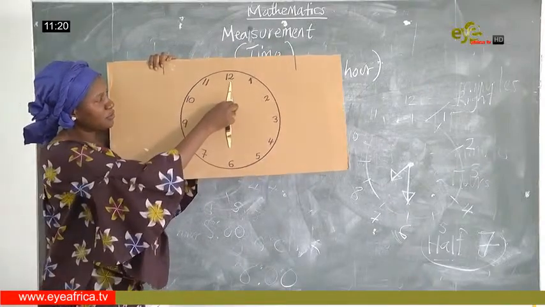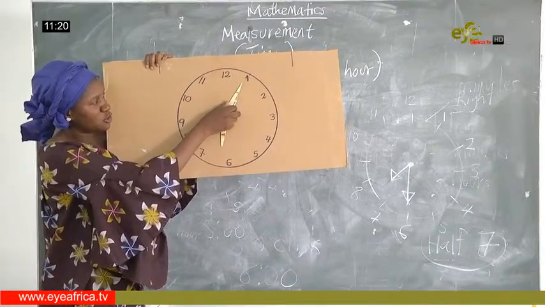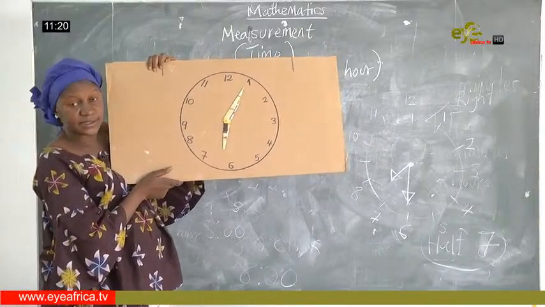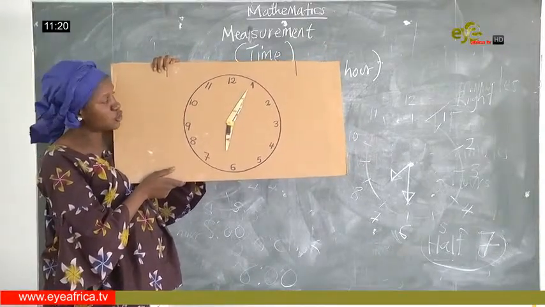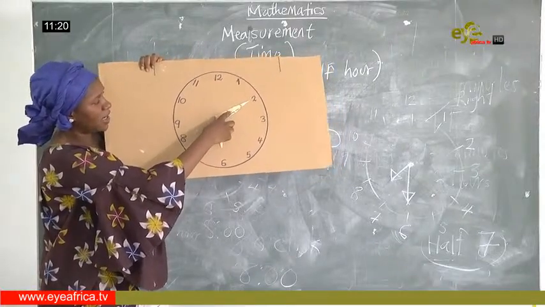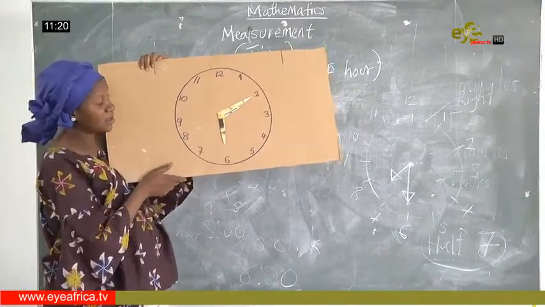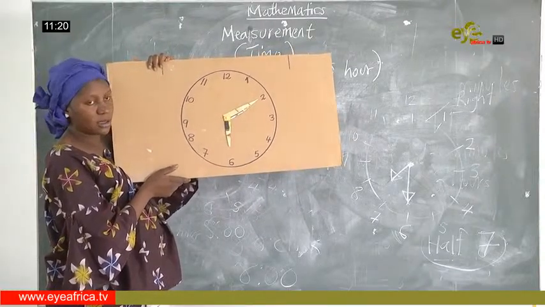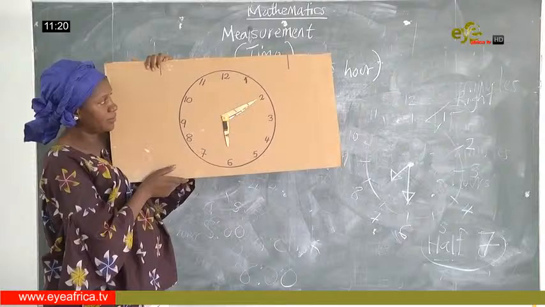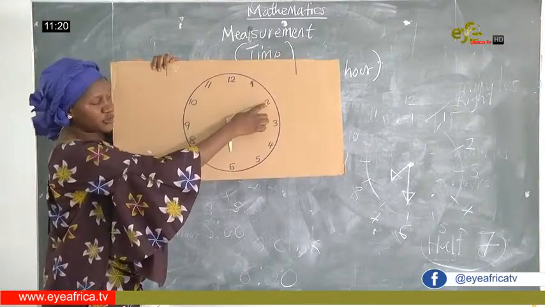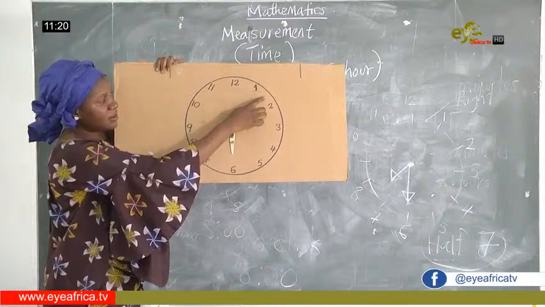When it moves to the next number, which is number 1, it is 5 minutes past the hour. When it is at 2, it is 10 minutes past the hour. And that 10 is from where? 5 plus 5. 5 minutes plus 5 minutes.